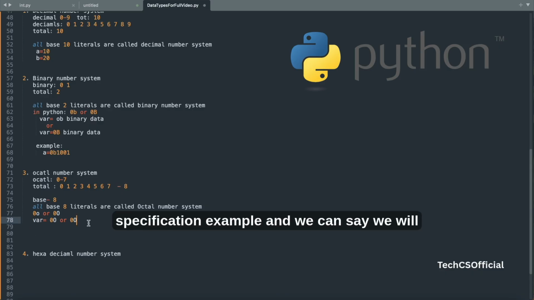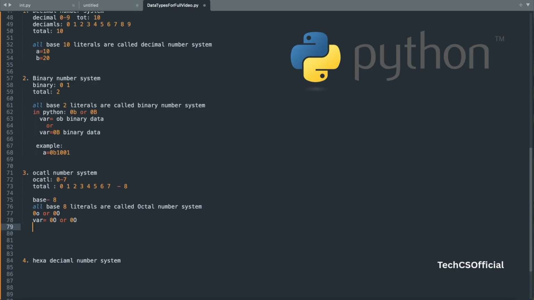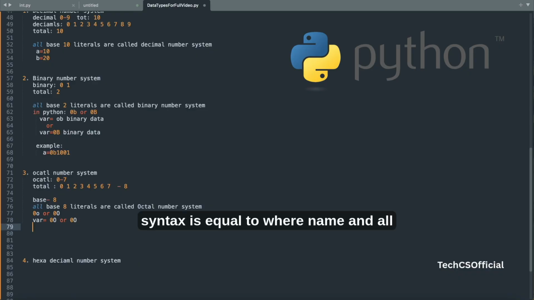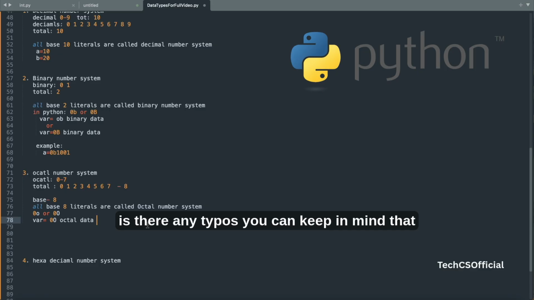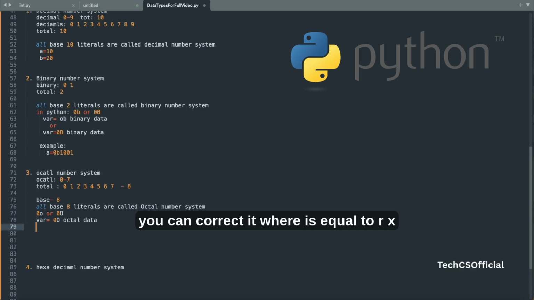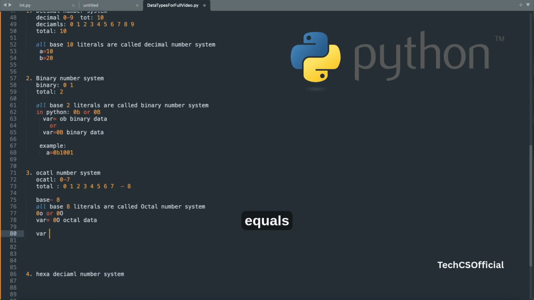If there are any typos, you can keep in mind that you can correct them.